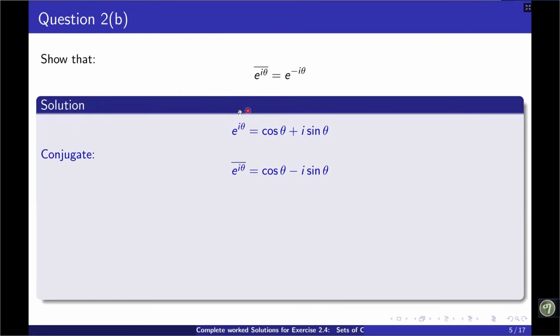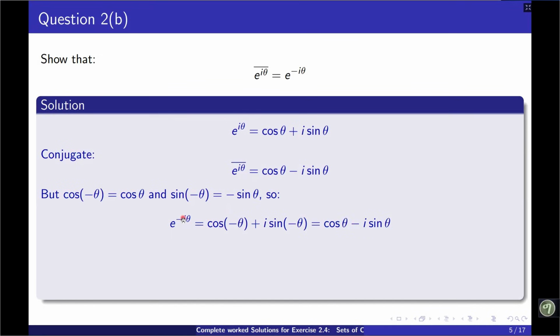The complex conjugate of this is cos θ minus i sin θ, taking the imaginary part of the complex number to be negative. Cosine is an even function, and sine is an odd function, so sin of negative θ is equal to minus sin θ.